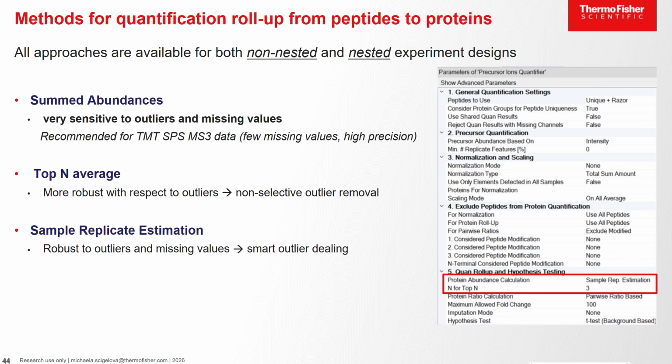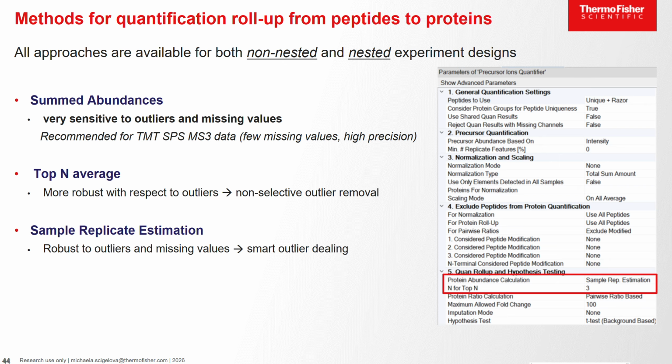It's the summed abundances approach. Your protein abundance is calculated by adding the abundances of contributing peptides. Of course, if you have missing values in one of the files for some peptide, you don't get a quant value there. It could have a quite considerable impact on the final sum. That's why summed abundances is the method which is quite sensitive to missing values.